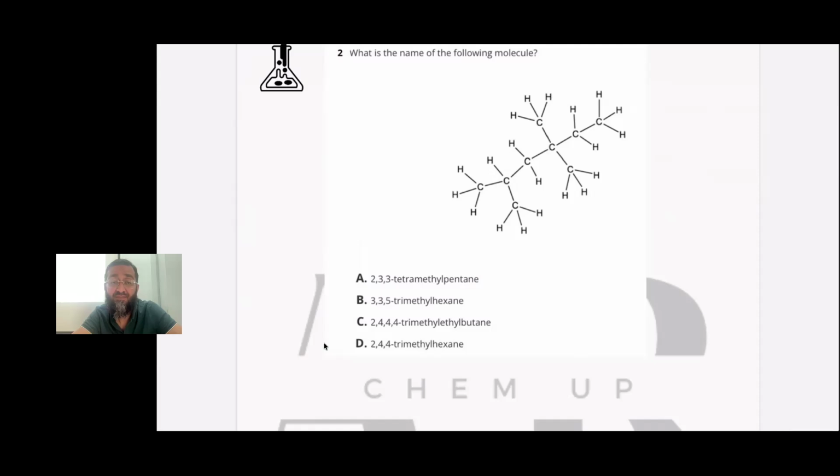Okay, that's correct. It's a hexane, because this is the longest chain. So it's a hexane. So B, yeah.